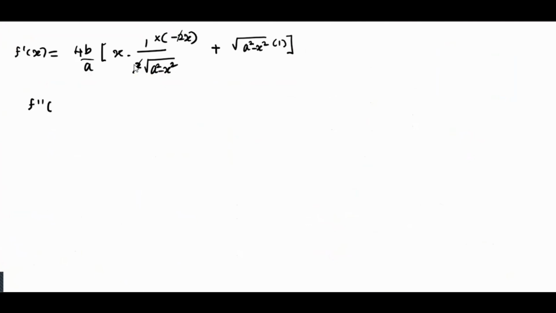So f double dash of x would be equal to 4b by a, as it is, and this term needs to be differentiated again. Before that, we'll try to simplify it.